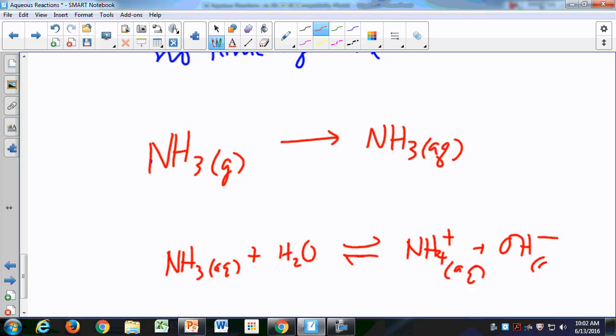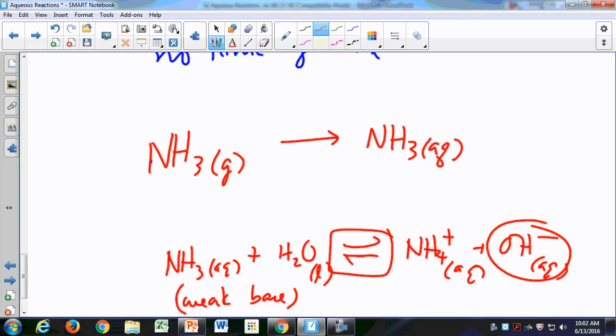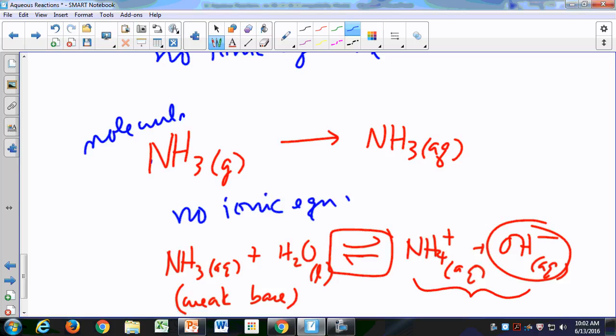Ammonia is an example of a weak base, because it produces hydroxide ion. It's a weak electrolyte. Notice I'm drawing a right harpoon over left harpoon there to indicate that that happens to a very slight extent. So for NH3 aqueous, you do not break it up, you do not write it as ammonium plus hydroxide, you simply write it as NH3 aqueous. There is no ionic equation here. This is your molecular equation for the dissolution.